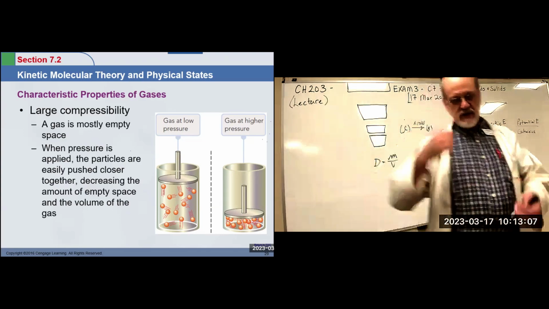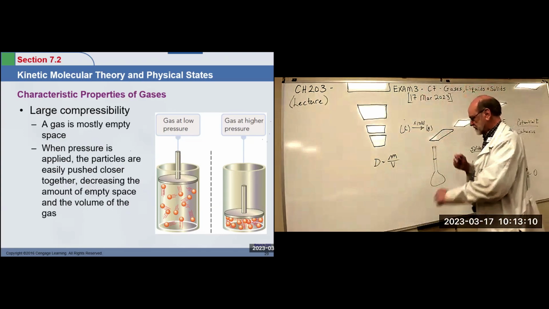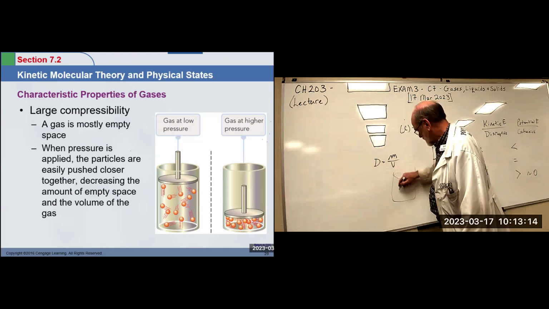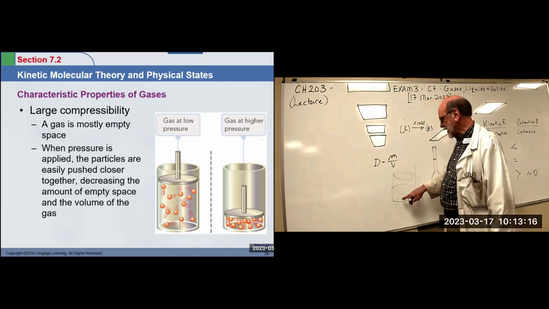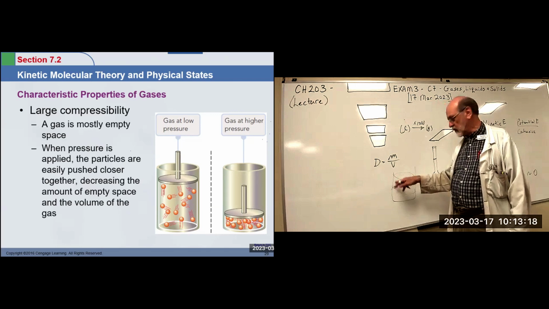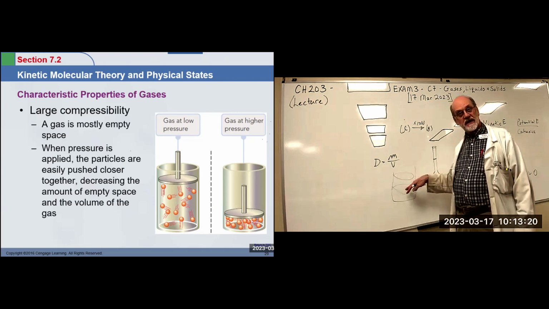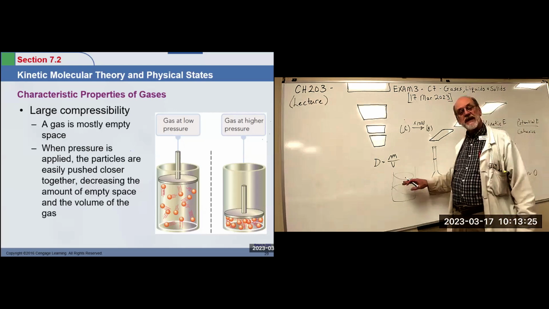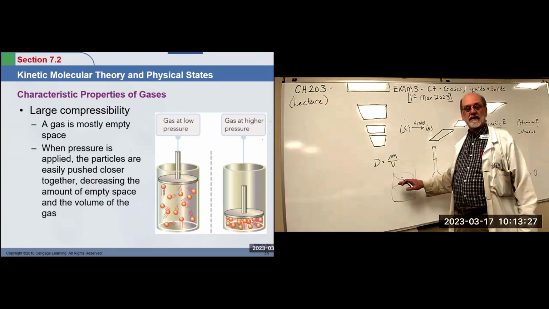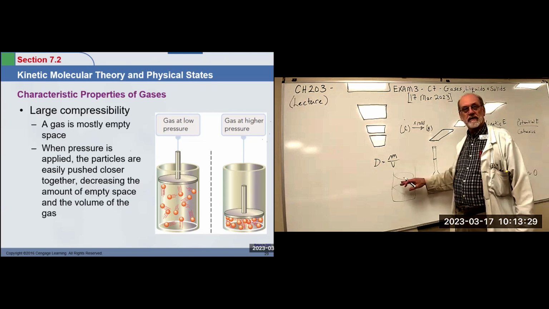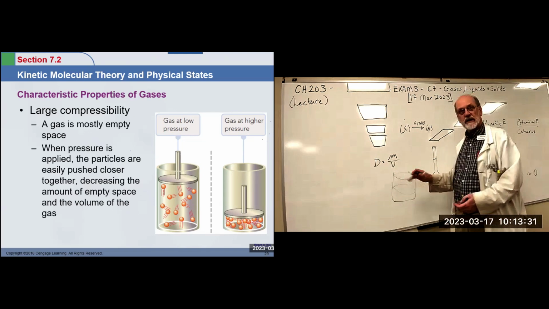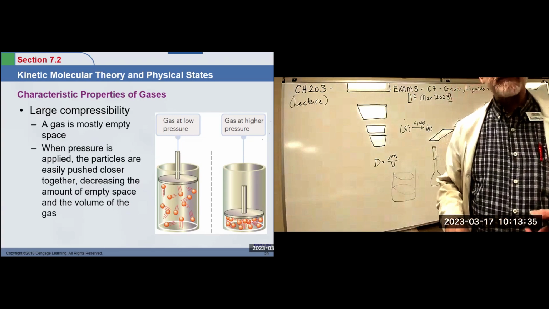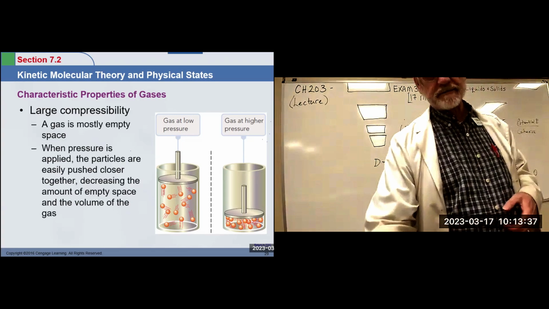As you decrease the volume from, say, here to here, you've got the same number of molecules in either space, but when you put them in a smaller volume, you have many more impacts per square centimeter on your plunger, which is why the increase in pressure is required.